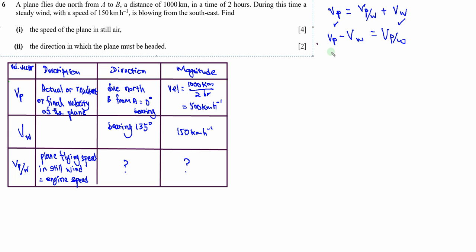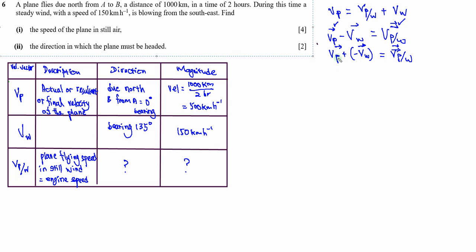Now VP is the resultant. Based on this equation, this is the resultant with two arrows. So this one arrow, this one arrow, then we add them together. Then this becomes VP minus VW, one arrow, two arrow. Then VPW, this two arrow.